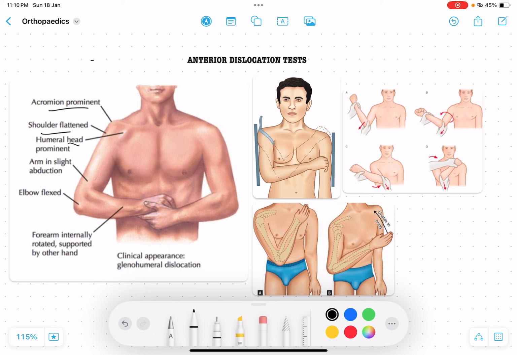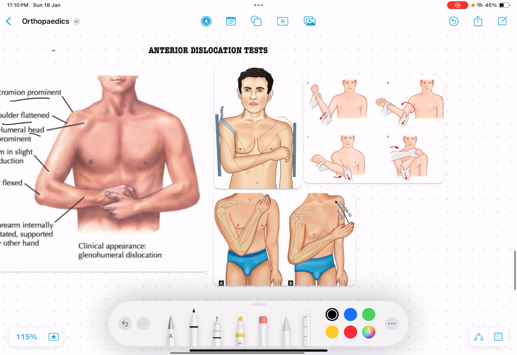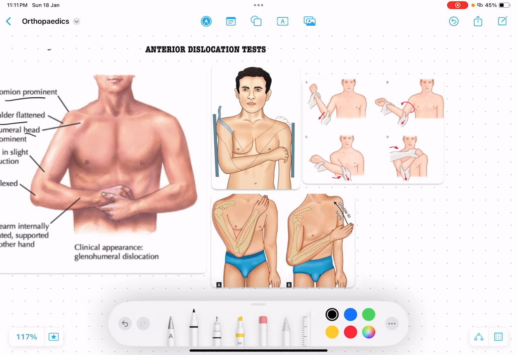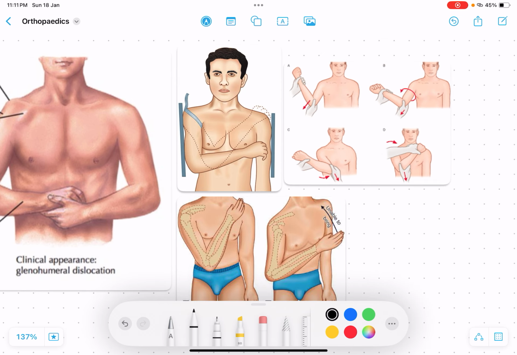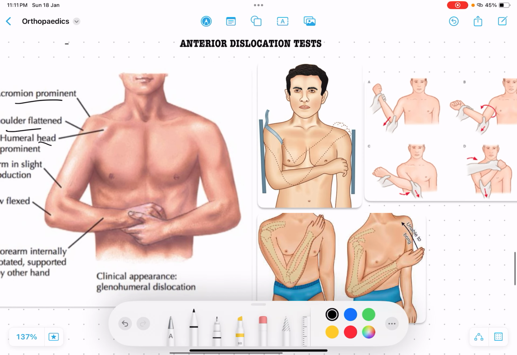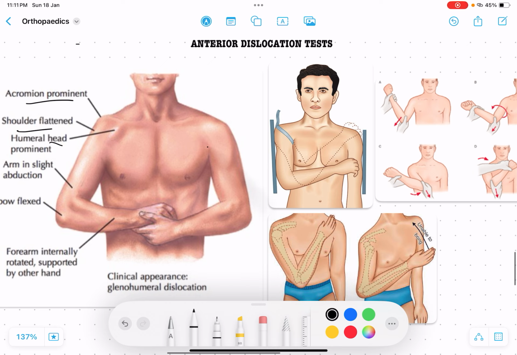Now we'll be going with the tests for anterior shoulder dislocation. First is Bryant's test. What does Bryant's test mean? Take this image. Here, the anterior axillary fold is at a higher level as compared to the injured side.